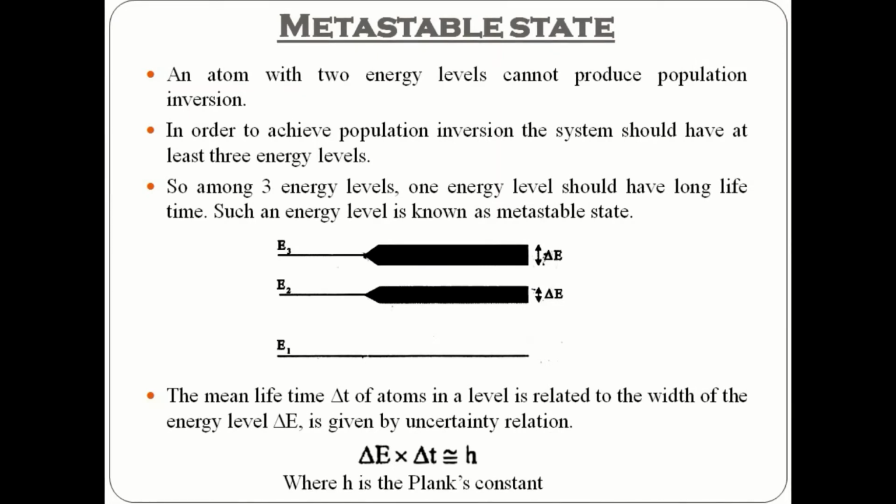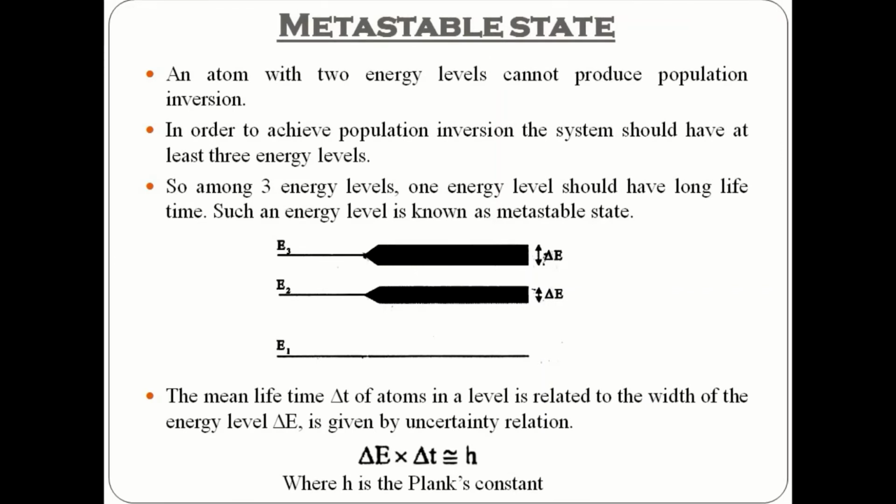The lifetime is the time the atoms reside in a particular energy level. In the excited state generally the atoms reside for 10 raised to minus 8 seconds, which is a very short interval of time. So we imagine a third state, the metastable state, which has a longer lifetime.